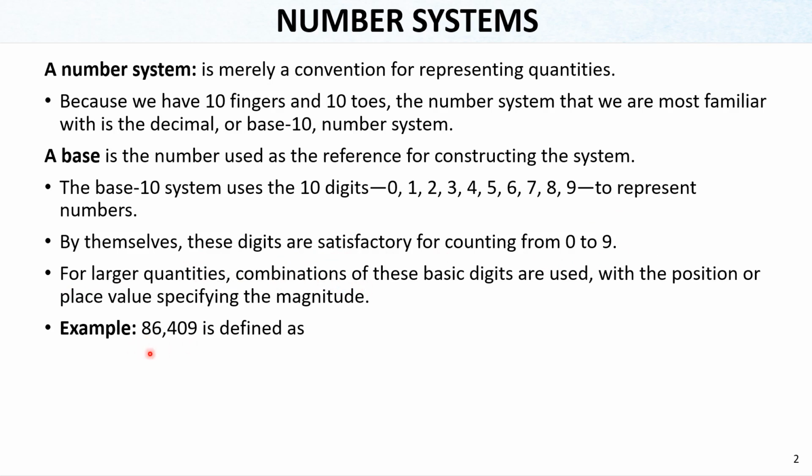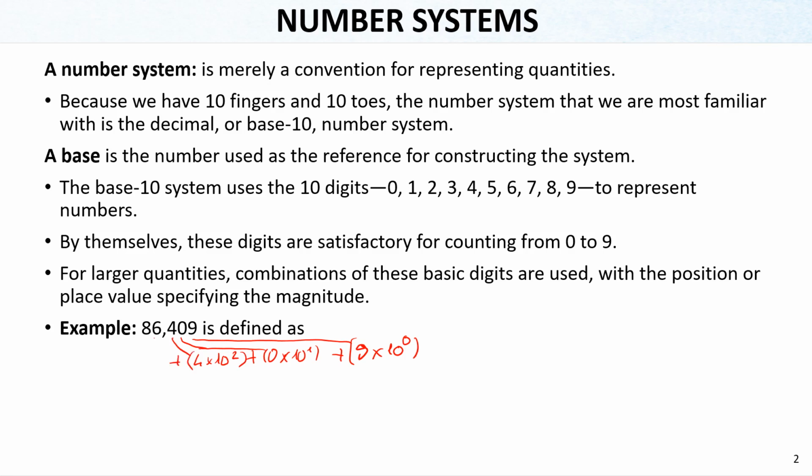For example, the number 86,409 we can define in base 10. 9 is the first digit, which is in the 10 to the power 0. We sum this with 0, which is 0 times 10 to the power 1. 4 is 4 times 10 to the power 2.